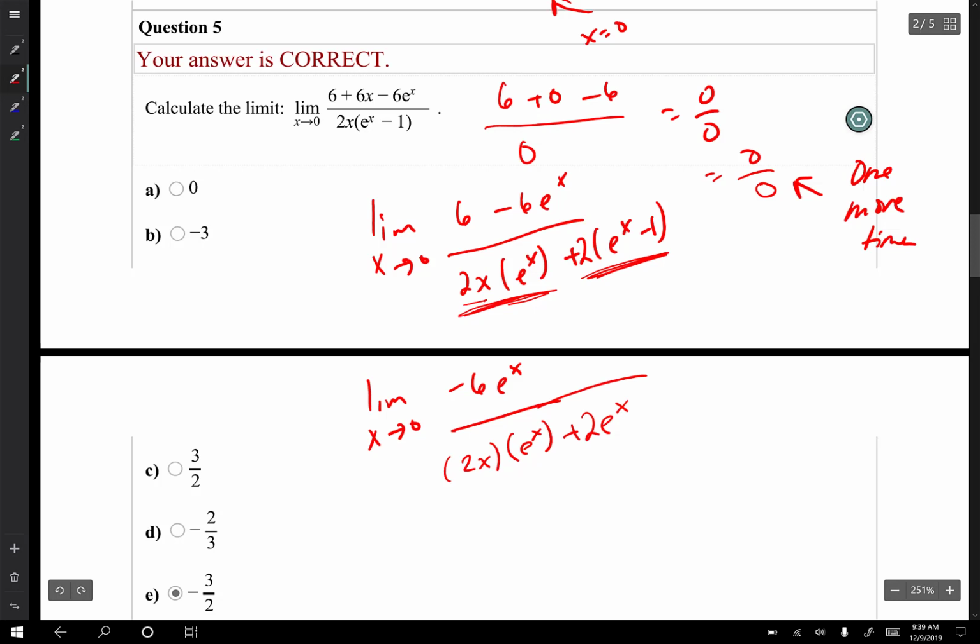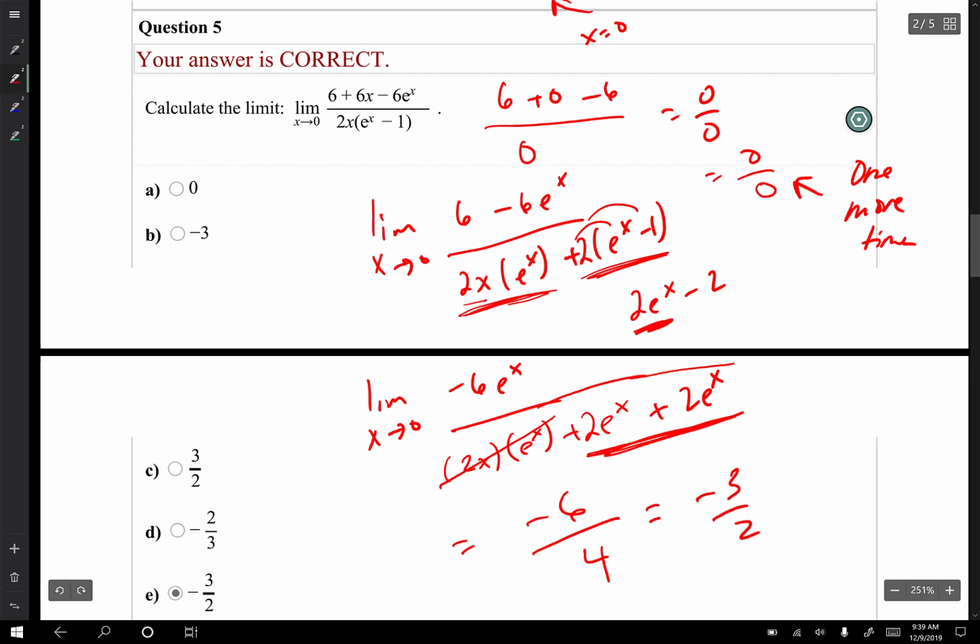Well, actually, no, I can just distribute this to e to the x minus 2. So then just do the derivative of that, plus 2e to the x. So there it is. Now I can do direct substitution, and I get negative 6 over, let's see, this cancels out because I get 0, and I get 2 of those, so 2 plus 2, 4. So negative 3 over 2.